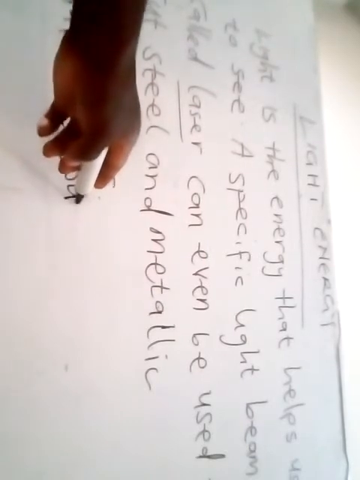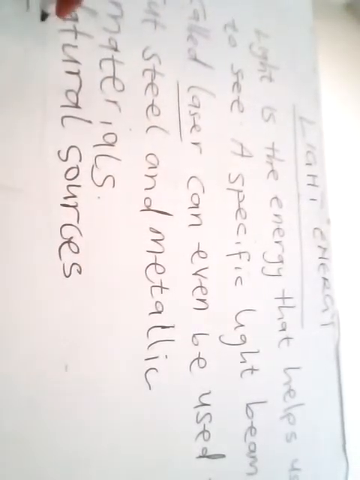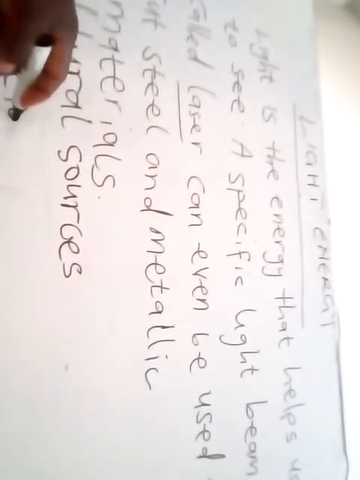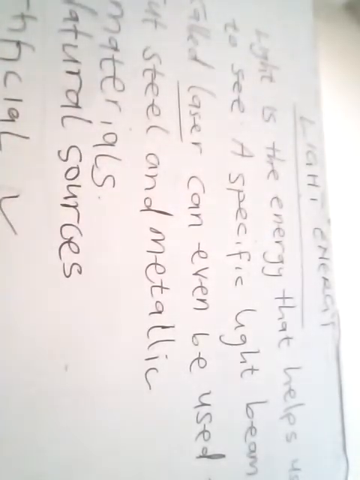Okay, so we have two types of source of light. We have natural sources, as we said earlier on, and we have artificial sources of light, and we gave examples.